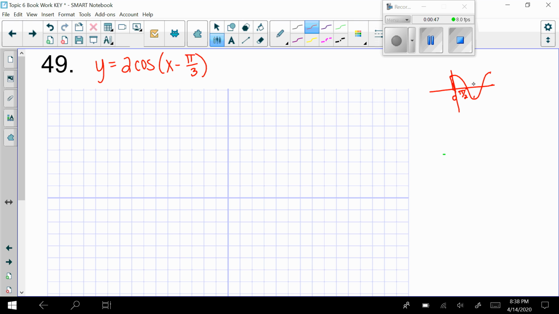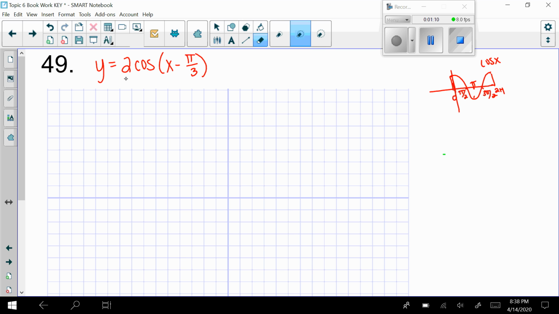The minimum occurs at pi, this is 3 pi over 2, and this is 2 pi. This is kind of 90, 180, 270, 360 degrees there, but here's your regular cosine curve, which we should have memorized.